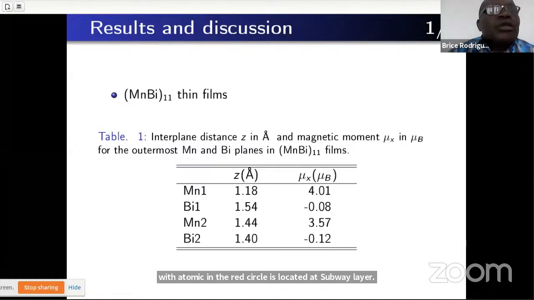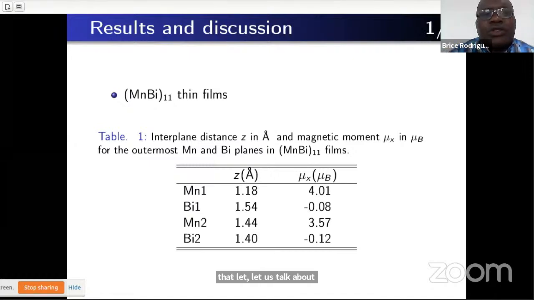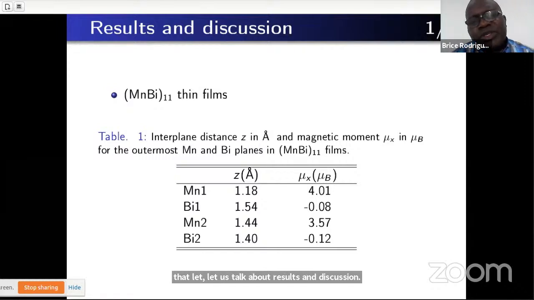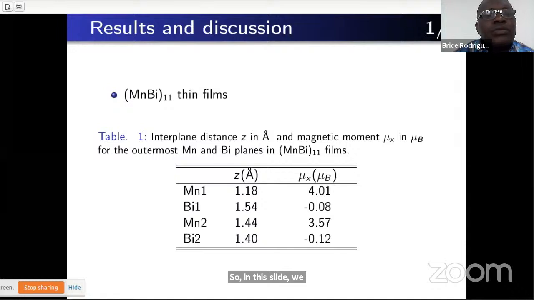Then let us talk about results and discussion. In this slide, we present a result about the relaxation of the MnBi 10 film made of 11 layers.